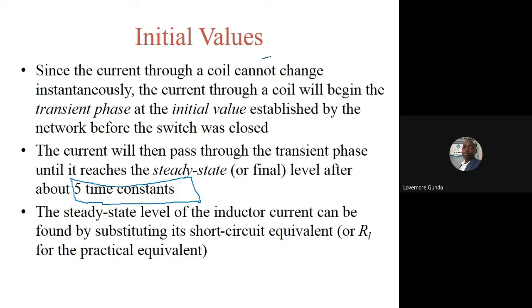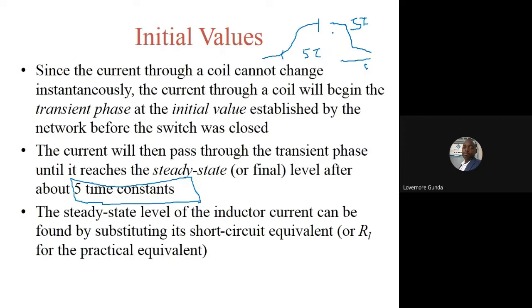If you are charging from 0 to the final value, after 5 time constants you should have reached the maximum value. If you are discharging from the maximum value to the minimum, you should have reached the minimum value of 0 again in 5 time constants. So the inductor will fully charge or fully discharge in 5 time constants.